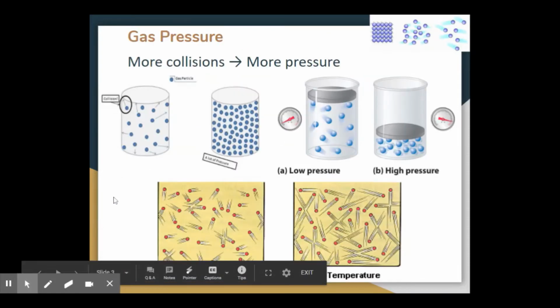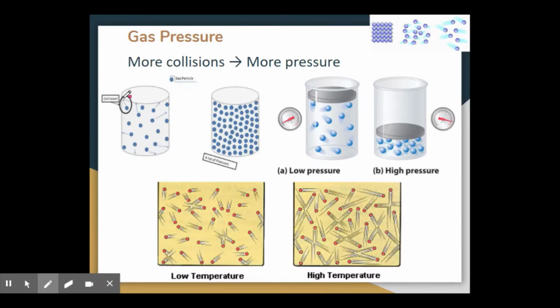So in our discussions about gases, we've talked about gas pressure and how gas pressure is pretty much a measurement of the collisions between the particles and the surface of the container that they're being held in. So in this situation, we have low volume, and here we have high volume, and I'll just put HV for short.